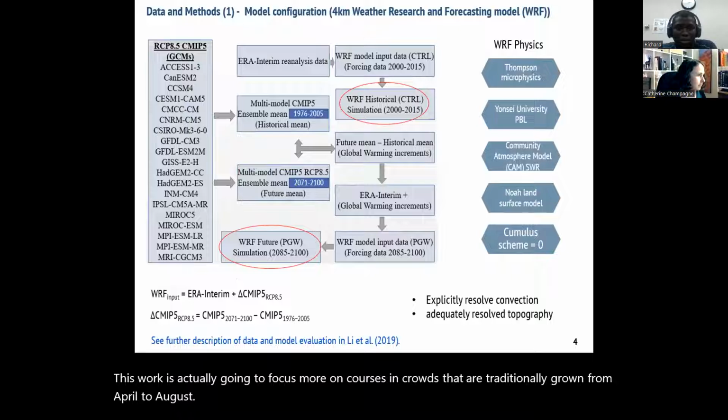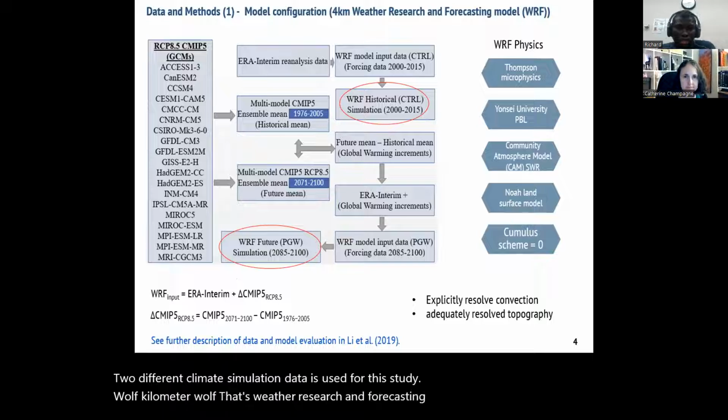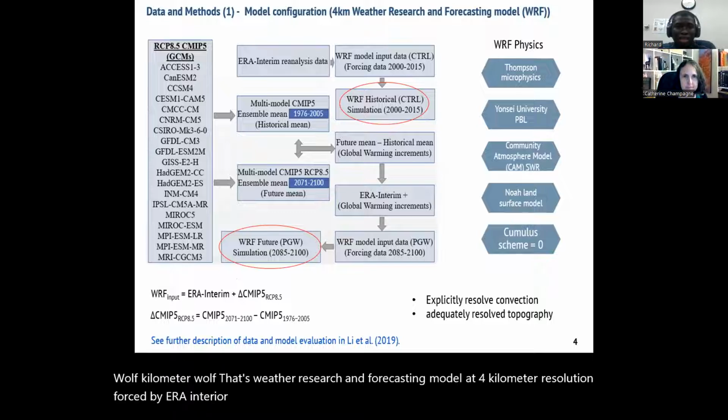Two different climate simulation data sets are used for this study. That's the Weather Research and Forecasting model at 4 kilometer resolution forced by ERA-Interim reanalysis data.